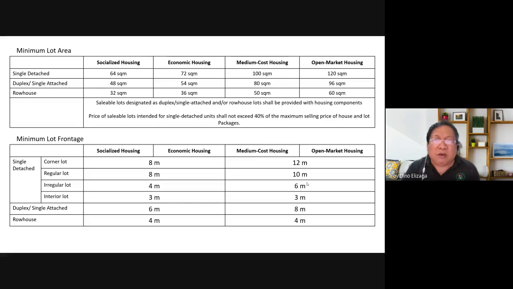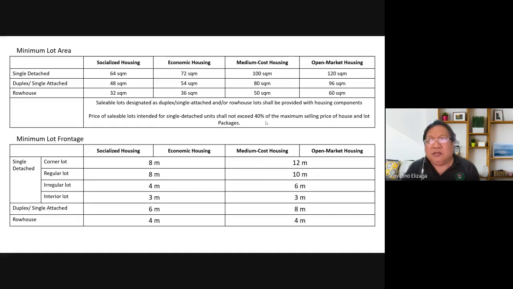They want to come out with something like a medium cost housing subdivision because it makes them feel good maybe. But then they want to apply the standards for socialized and economic housing, which are smaller, as you see here. So he wants it medium cost, and then he wants every lot to be only 72 square meters. So this is something that we should educate the owners about.